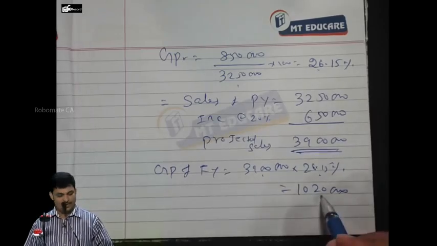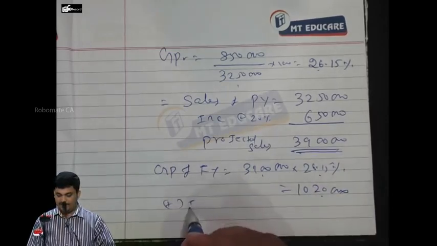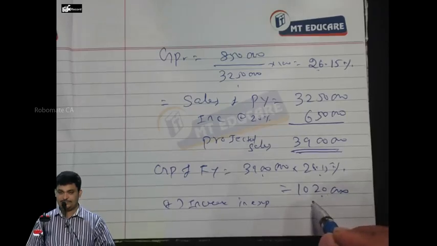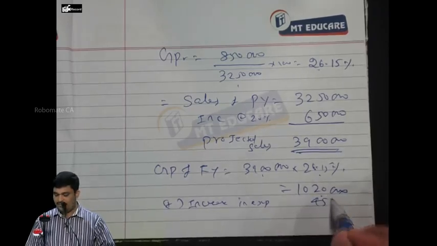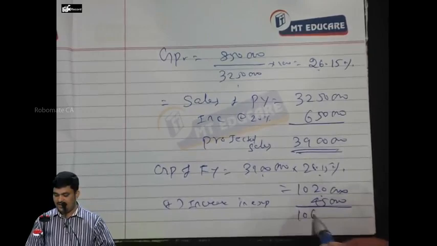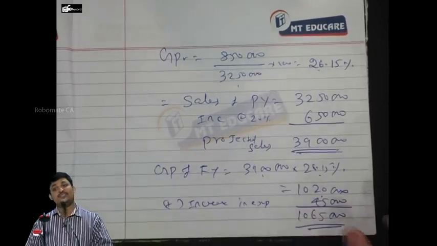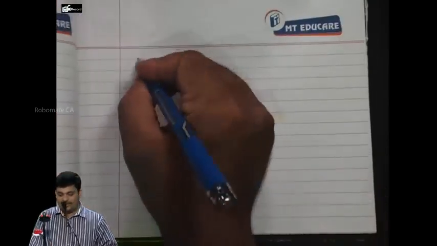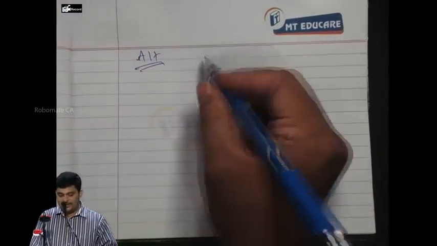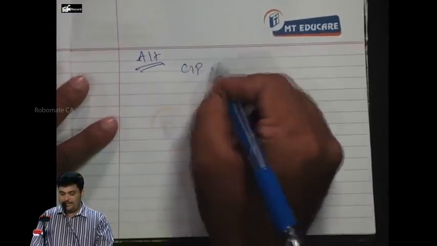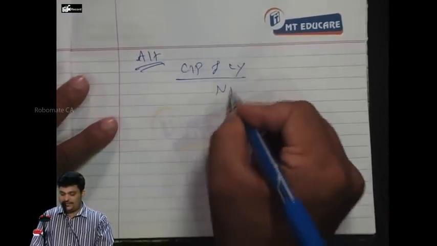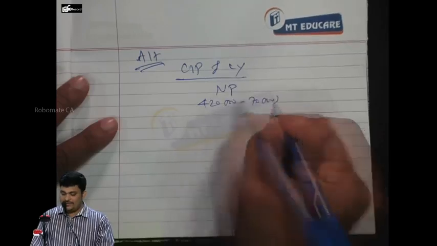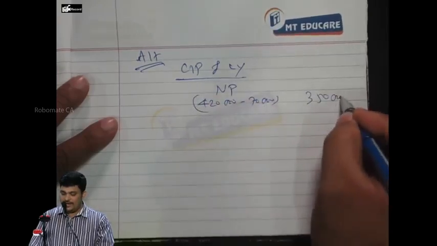You get how much? 10,20,000 plus increase in expenditure. What is increase in expenditure? 45,000. So it is 10 lakh and 65,000. This is the longest method, correct? Alternatively, what you can do is that GP of current year, which is net profit, 4,20,000 minus 70,000. How much? 3,50,000.